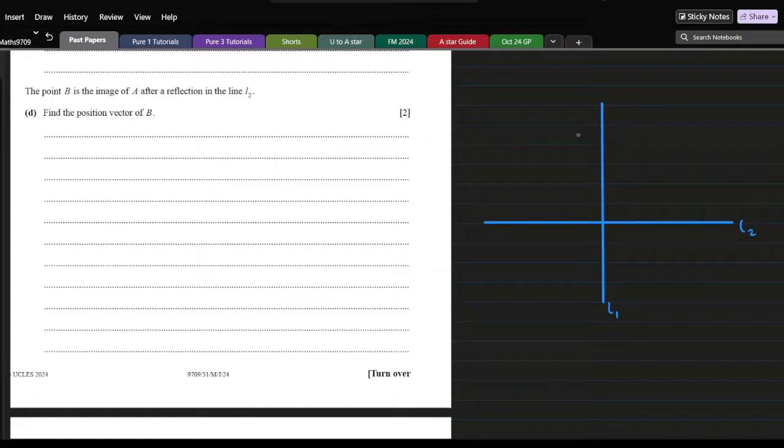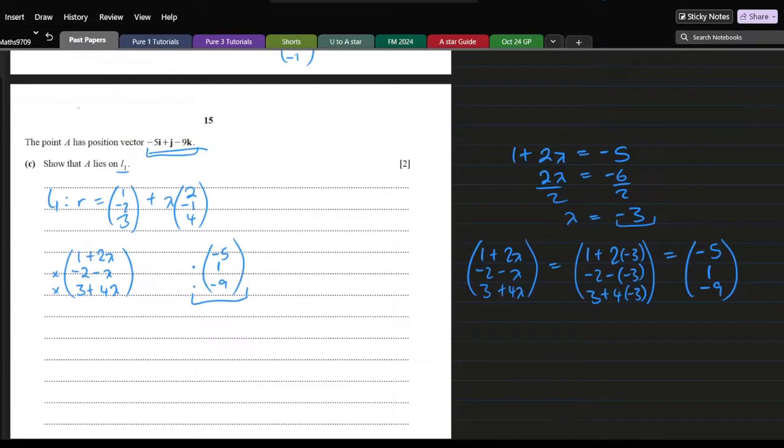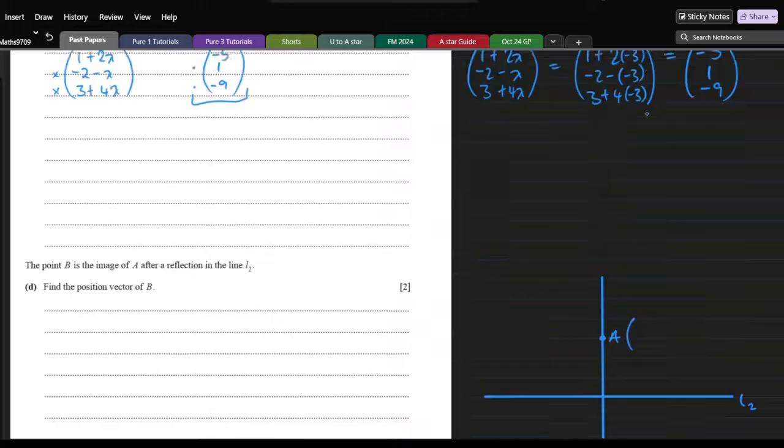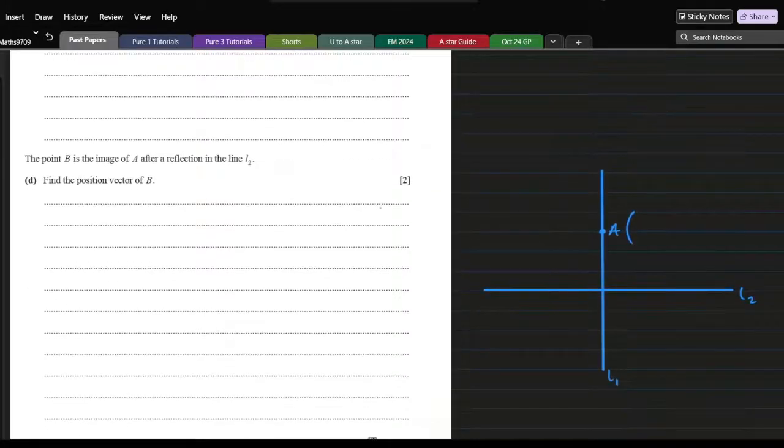And we know that we've got our point A lying on the line L1. If we go back to part C, we know that A lies on L1. So we can assume that, let's say A is this point here. So we're saying that's A, and we said A has the coordinates negative 5, 1, negative 9. So that's A.